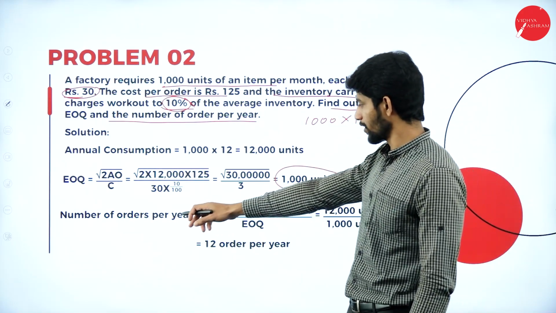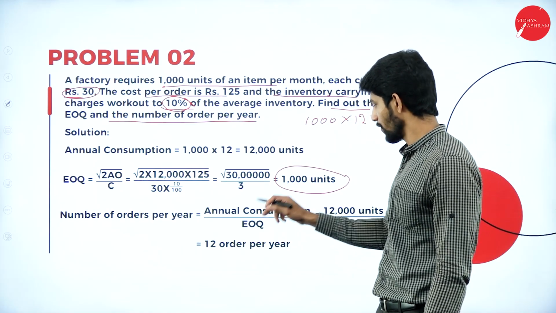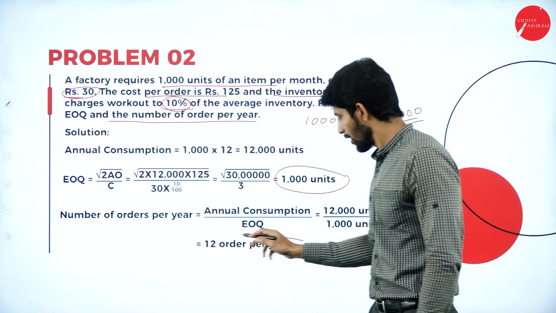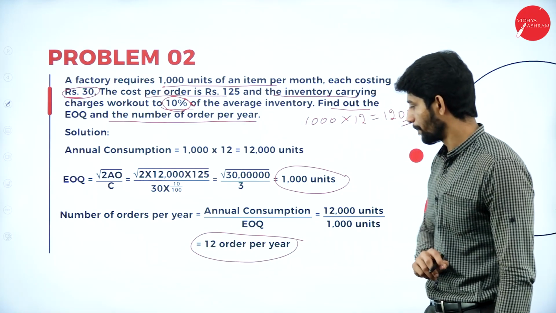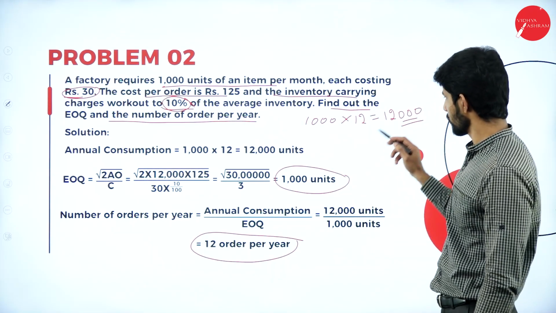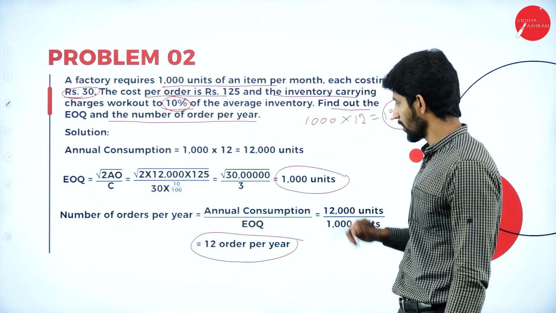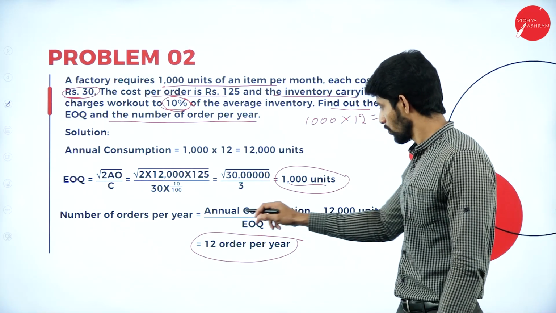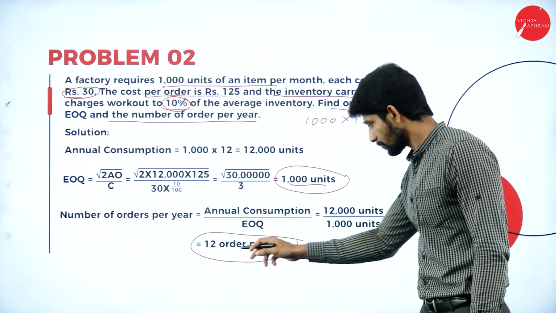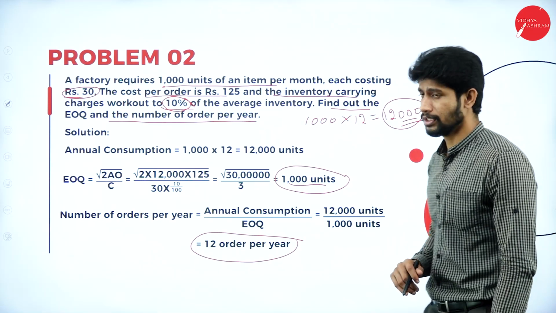The number of orders per year is annual consumption, 12,000, divided by economic order quantity, 1000, so you will get 12 orders per year. This is how you are supposed to solve the problem.